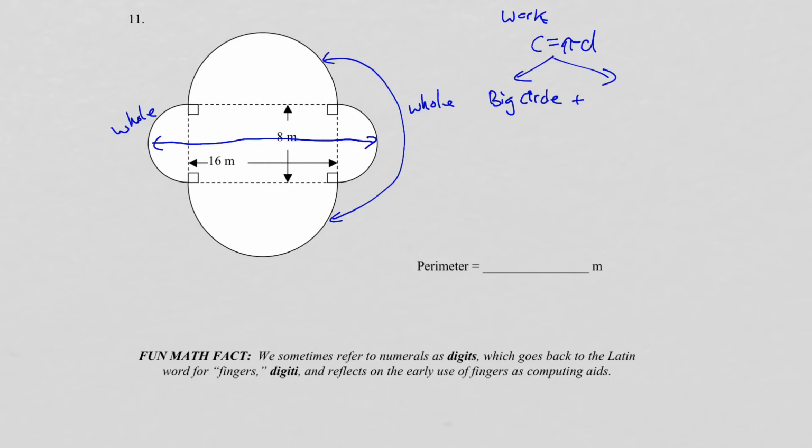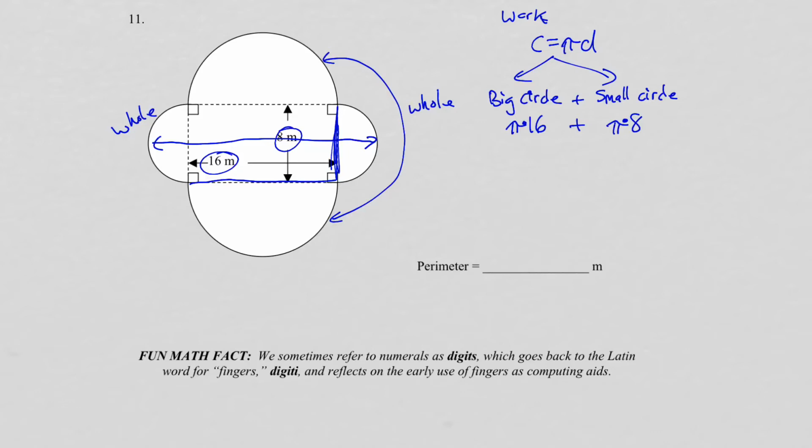So if we add those two circumferences of these circles together, the big circle and the small circle, that means the big circle is going to be pi times the diameter of the big circle, as you can see all the way across right here, that's 16. Pi times diameter plus pi times the diameter of the small circle. And you can see the small circle, this is 8.